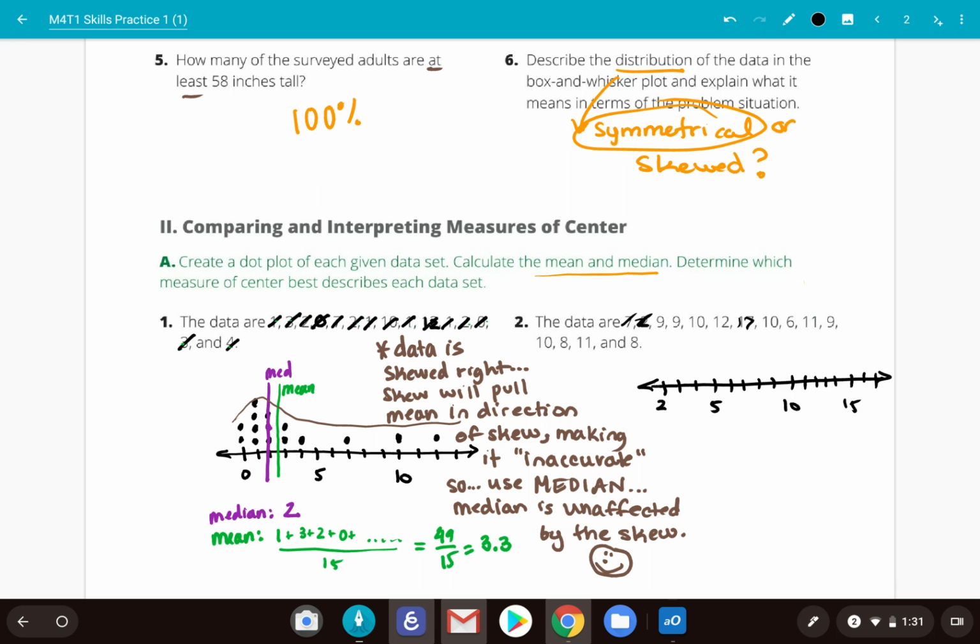We've got a 7 and a 2, a 9 and a 9, a 10 and a 12, a 17 and a 10, a 6 and an 11, a 9 and a 10, an 8 and an 11, and then another 8.